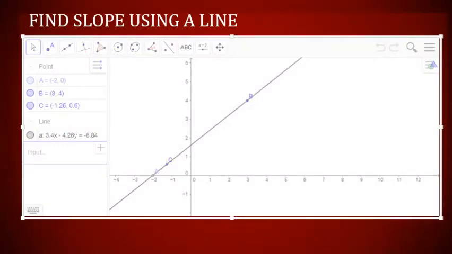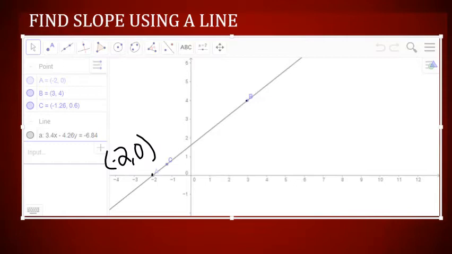All right, well, let's look at finding slope when we have a line. So here we have a line. I'm not sure how well you can see it, but we do have a line. I'm going to determine that I've got a point right here, and the coordinate of that point is (-2, 0).